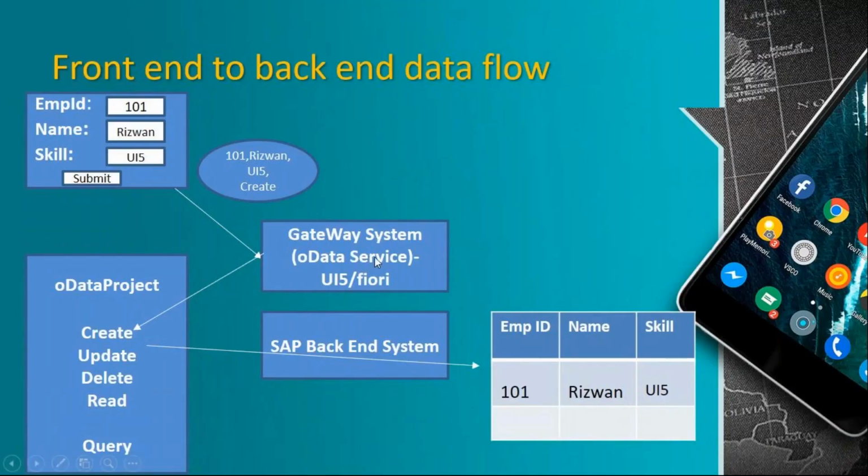The reason for having this additional system is that your SAP UI5 application cannot talk to the backend system directly. Why? This backend system is an S4HANA system or ECC system, and the coding that we have done there is in the ABAP language, right?